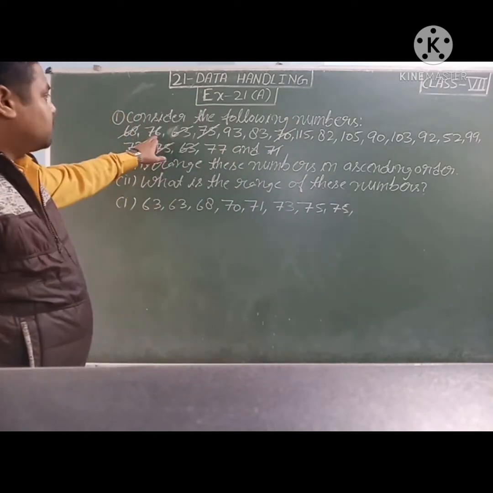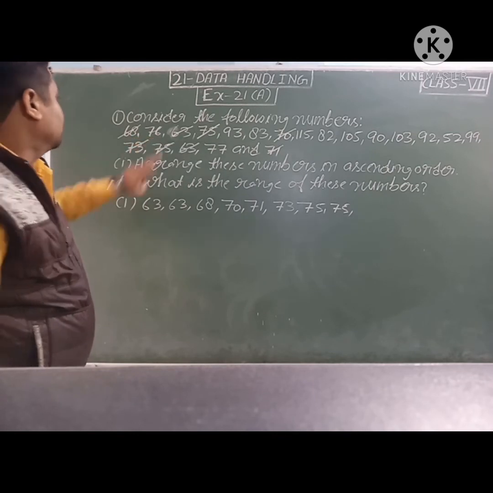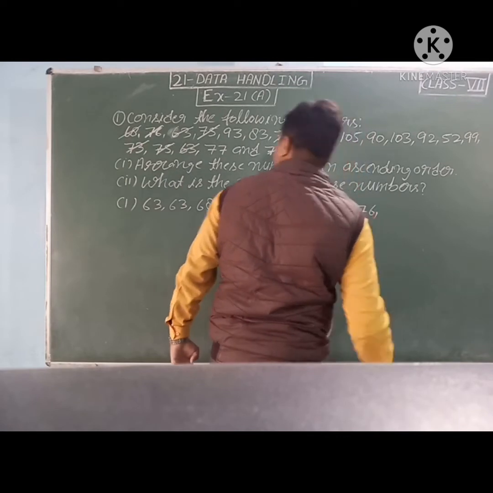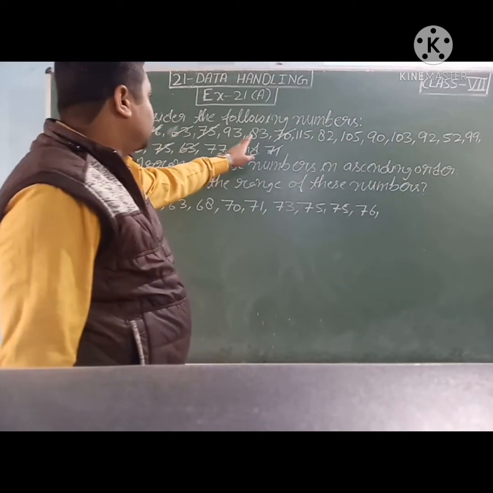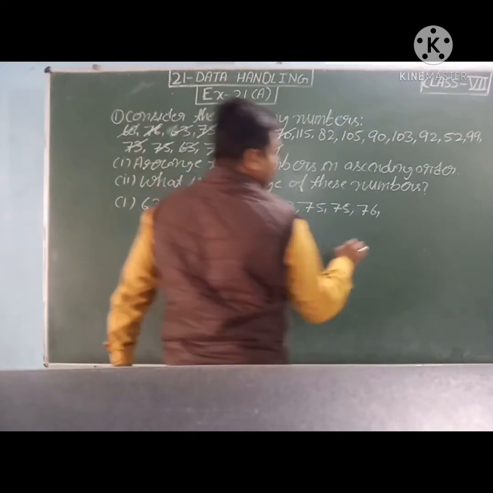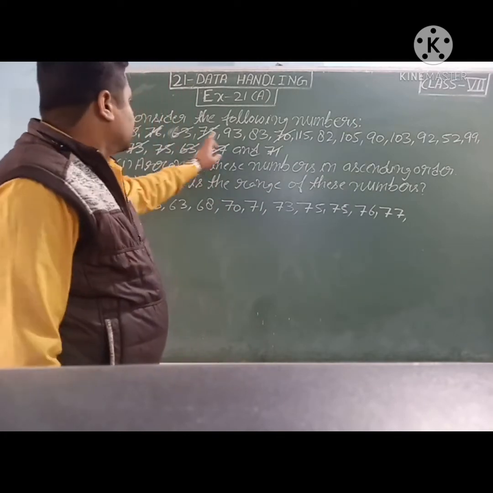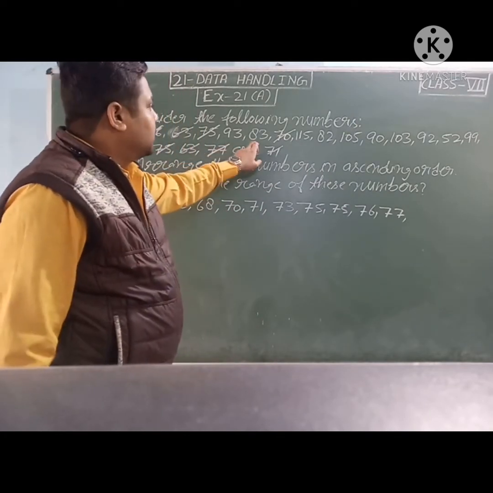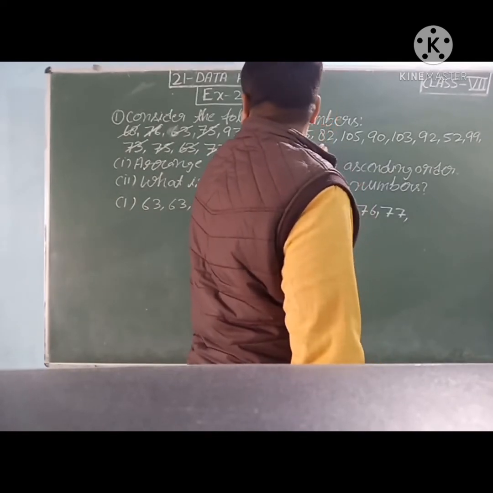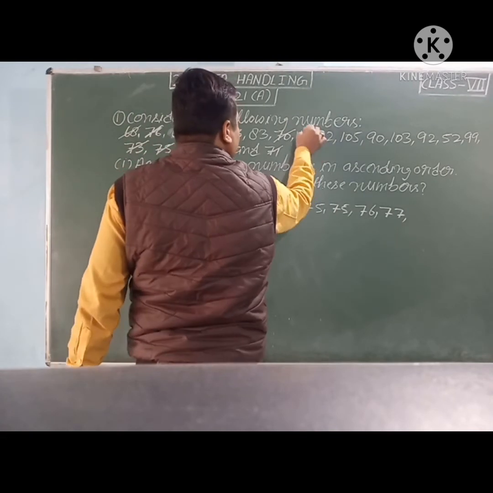Then 76. Yes. Any other 76? No. So we will take 76. Then yes, 77. Any other after this? 93, 83, 82. Yes, 82 is coming after this. So take 82.